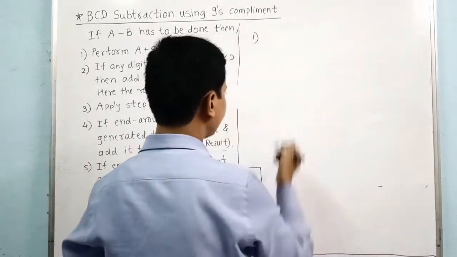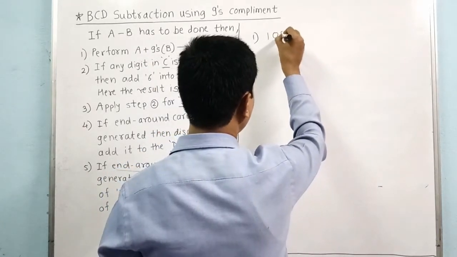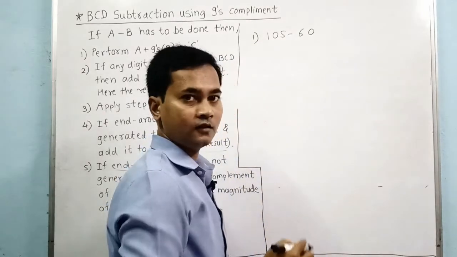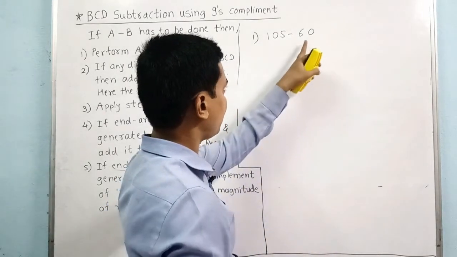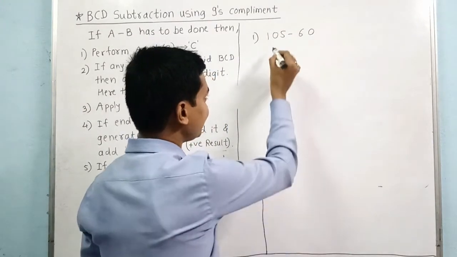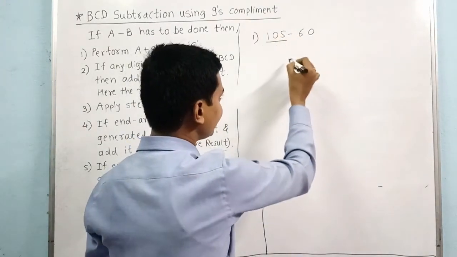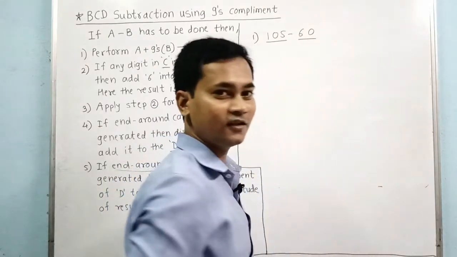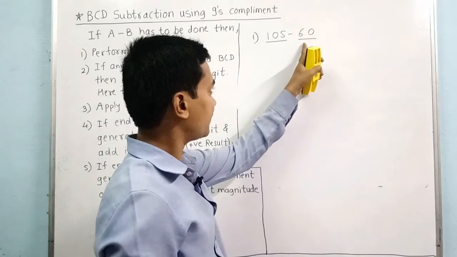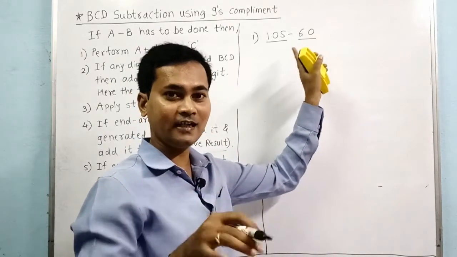So consider that we want to perform 105 minus 60. Okay, so here what we will do, we will take the 9's complement of 60. Okay, but actually just check, the minuend is 3 digit and subtrahend is 2 digit. So you may be thinking that whether we have to subtract 60 from 99.